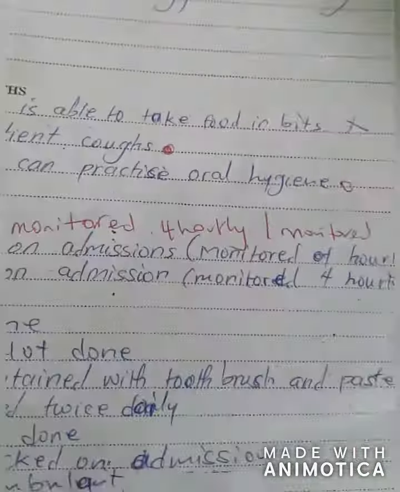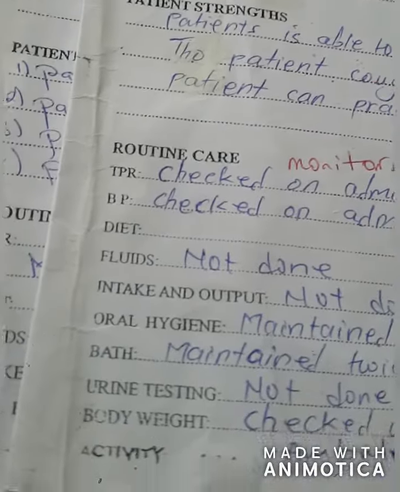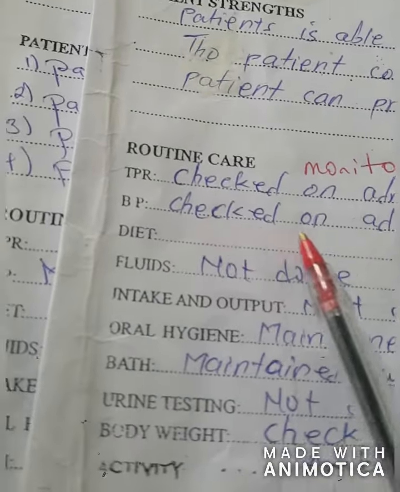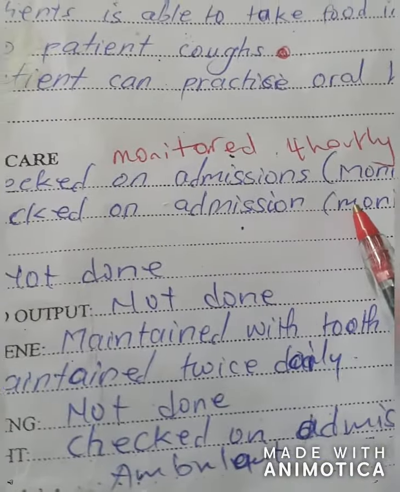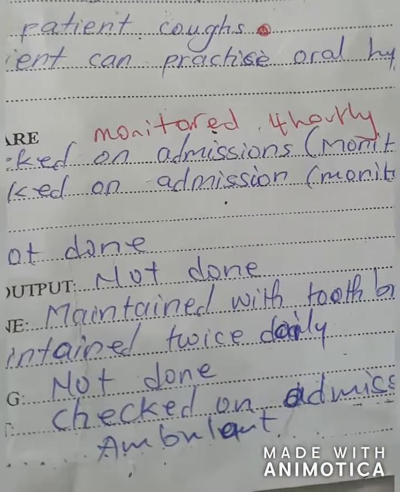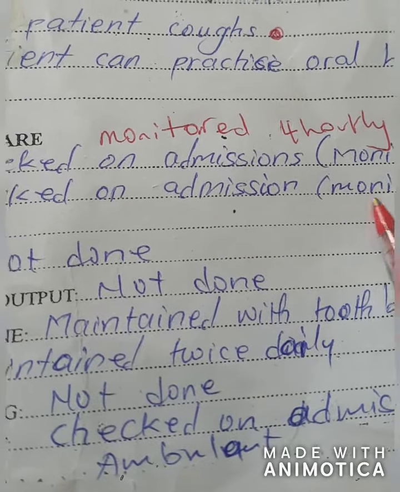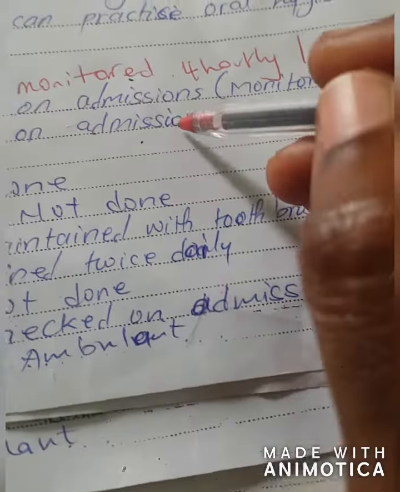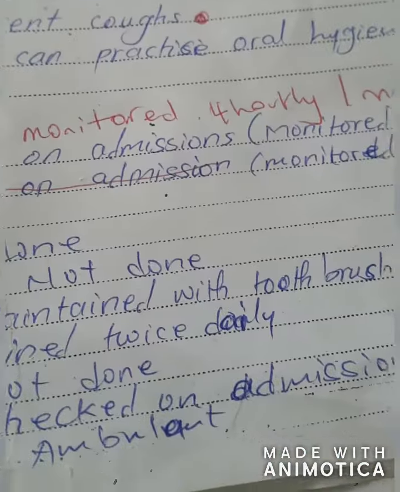So that is 2 hourly within a day. BP checked on admission. If it was checked once, that's okay, but if it is monitored 4 hourly, that's better. So this is the correct one.